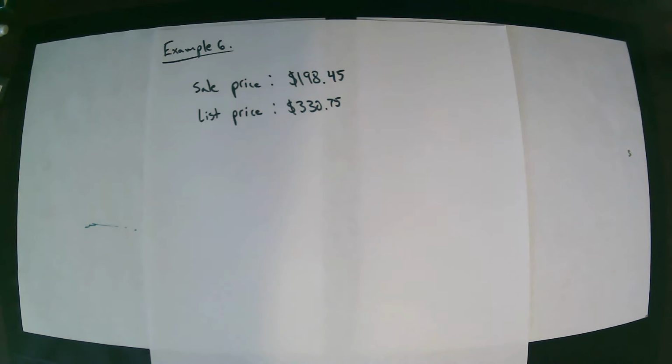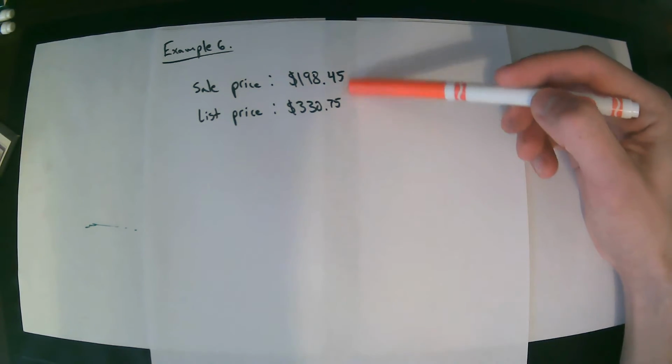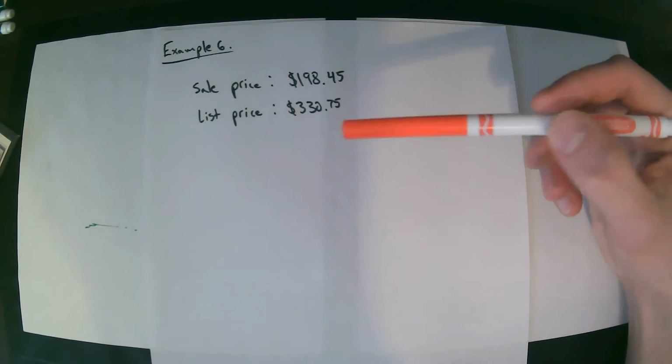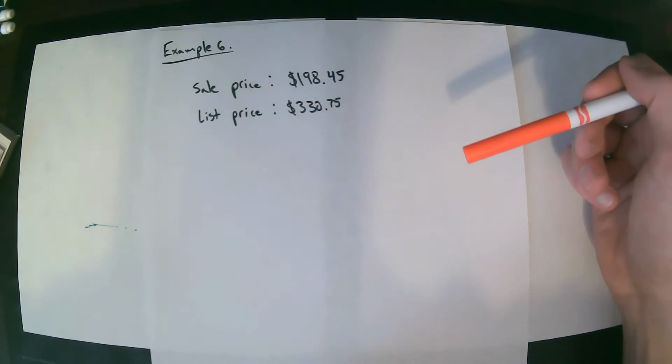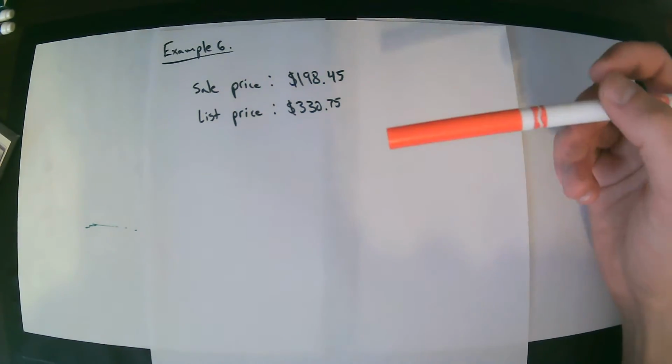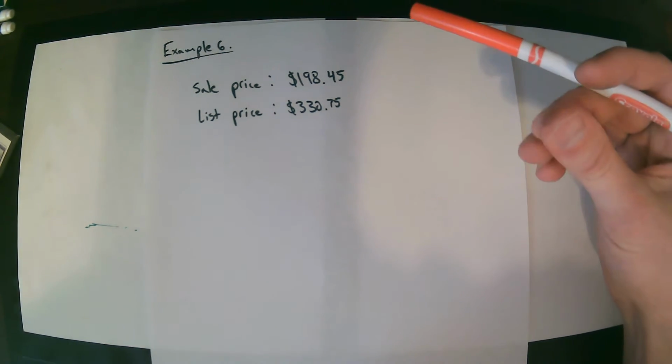Now, we need to make sure we know that we have to do some work with these numbers before we can get to a point of finding our base and amount. One of these numbers is our base, but the other one is not the amount that we're looking for.